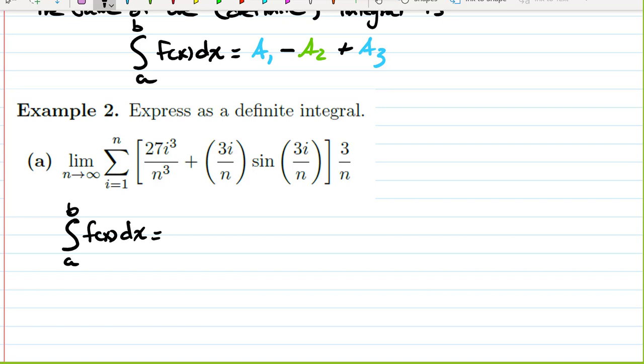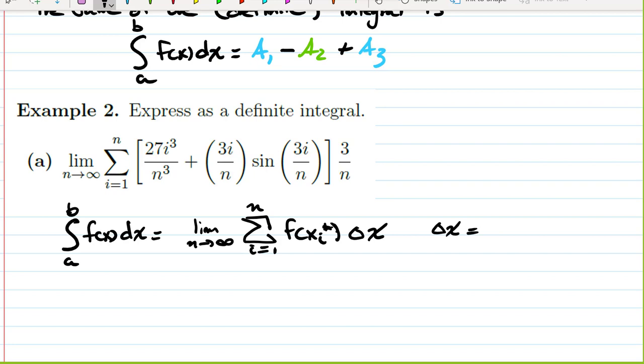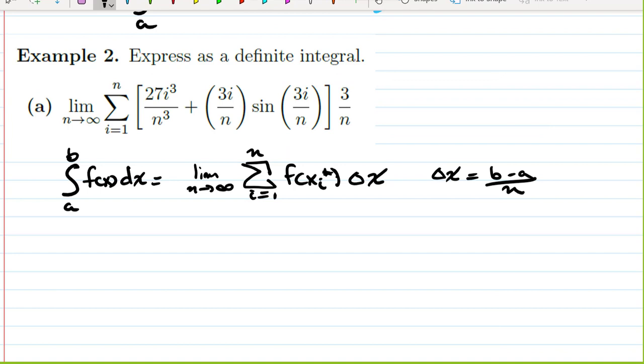was equal to the limit as n went to infinity of the sum as i goes from 1 to n of f of x sub i star times delta x, where delta x was equal to b minus a over n, and our partition x sub i was given by a plus i times delta x.